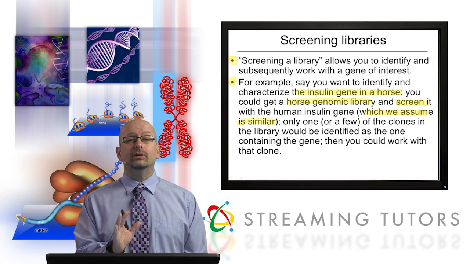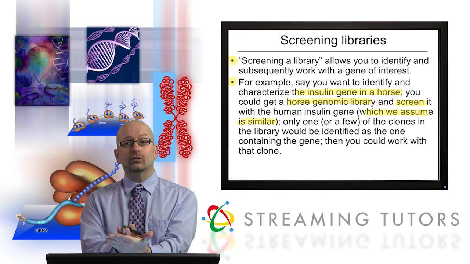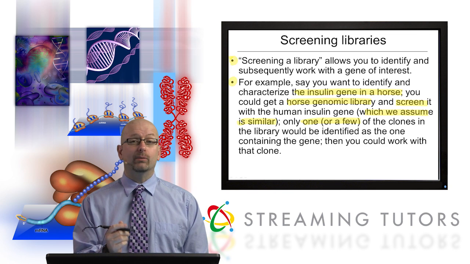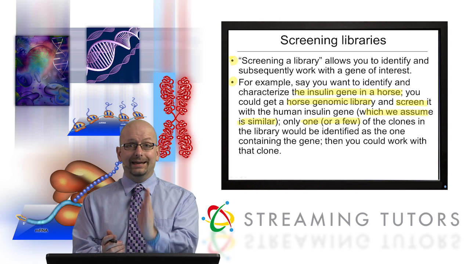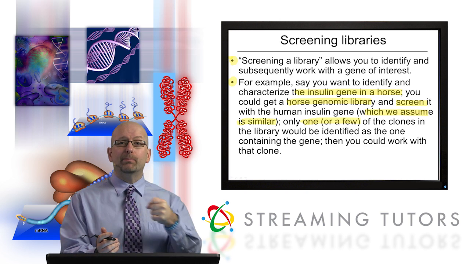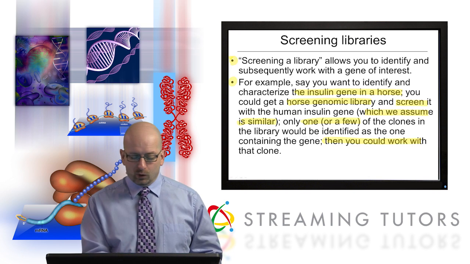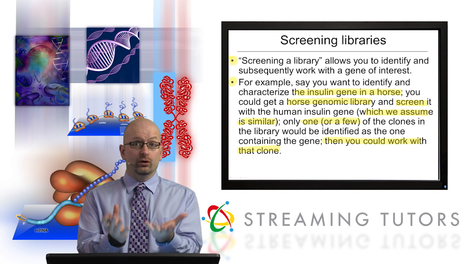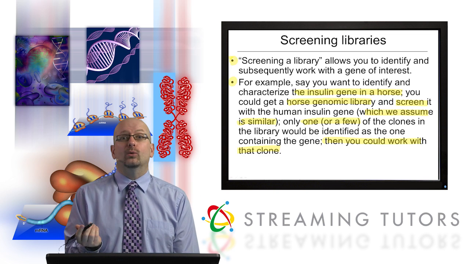So, basically, I'll show you the procedure, but you're going to use the human insulin gene to look around at the library and find something that looks like itself, and only one or a few of the clones in the library out of thousands would be identified. And you'd know that the horse gene is right in that one. You're separating it away from the whole rest of the genome, and then you could work with that clone, either further refine the clone or use that one to do what? Whatever you want to do, right? Say sequence the horse gene.